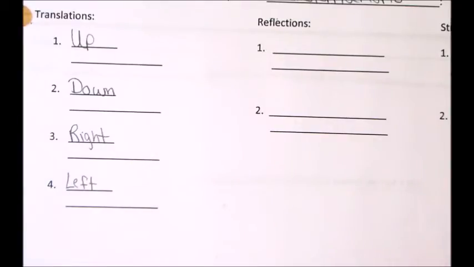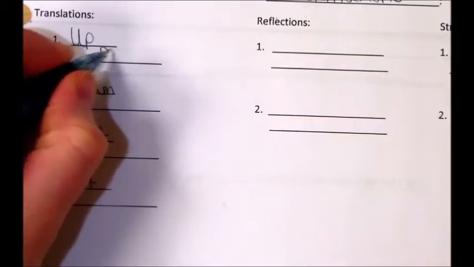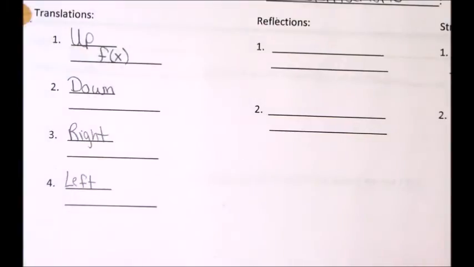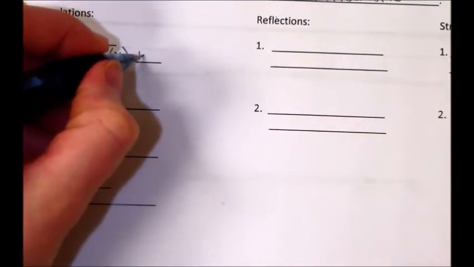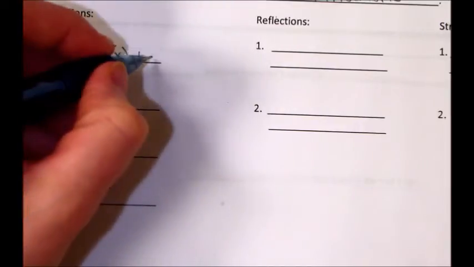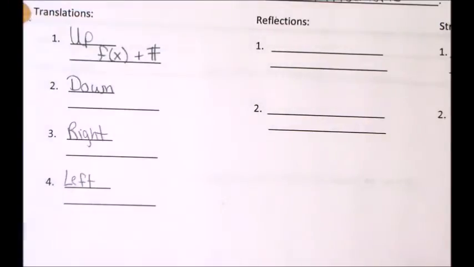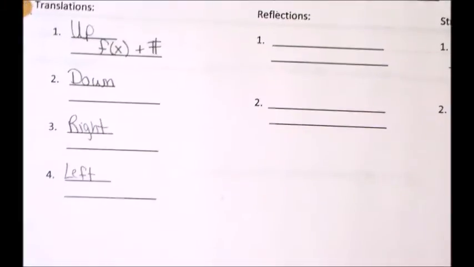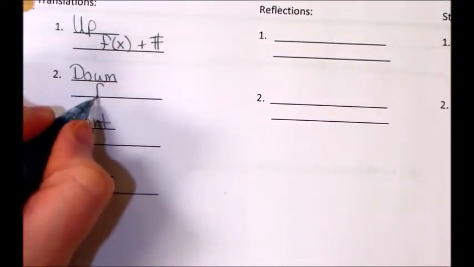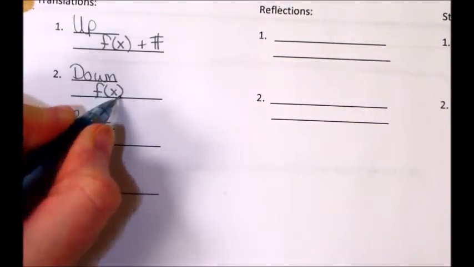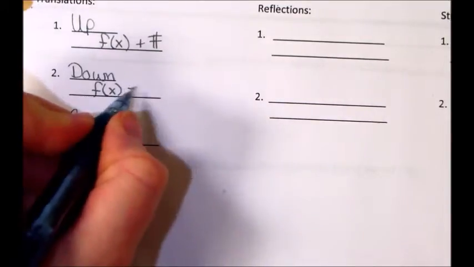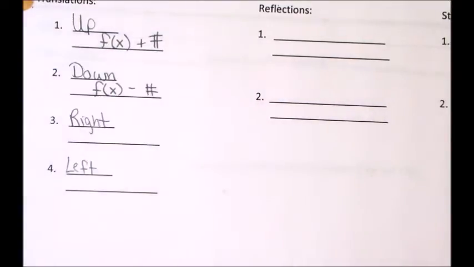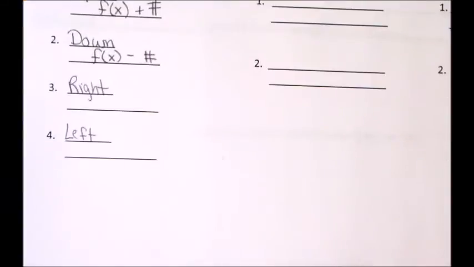If you're going to move a graph up, you have your original equation called f of x, and we're going to add a number to the back of it. If we're going to move a graph down, you're going to have your original function minus a number in the back. If we're going to move an equation right, it's opposite of what you think.